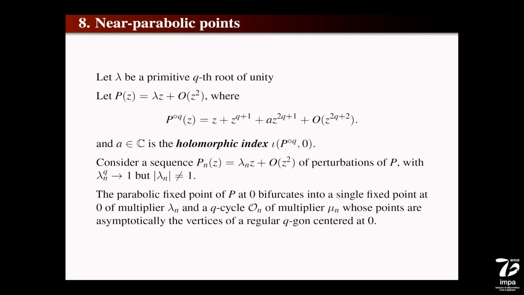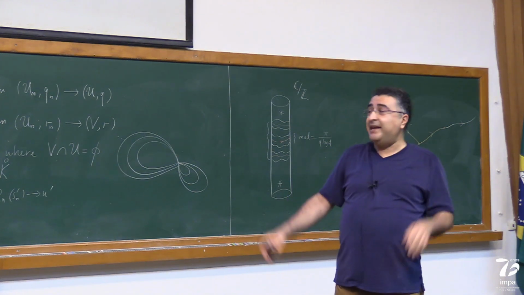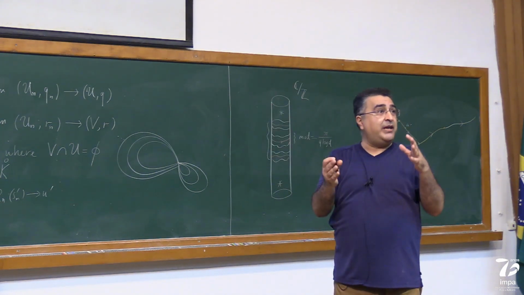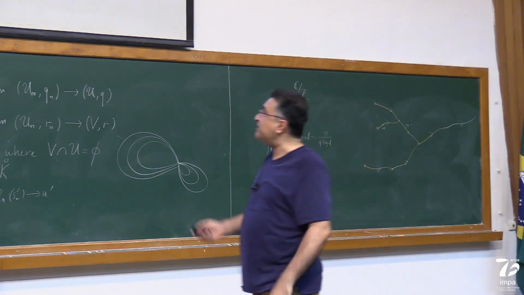Now, it turns out that if I let lambda n to the power q go to 1, which is equivalent to letting mu n go to 1 non-tangentially, then they must have different sizes. One of them should be less than 1 in absolute value, the other one should be more than 1, which means in that case, either the origin is repelling and the q cycle is attracting, or vice versa. So we are in that situation.